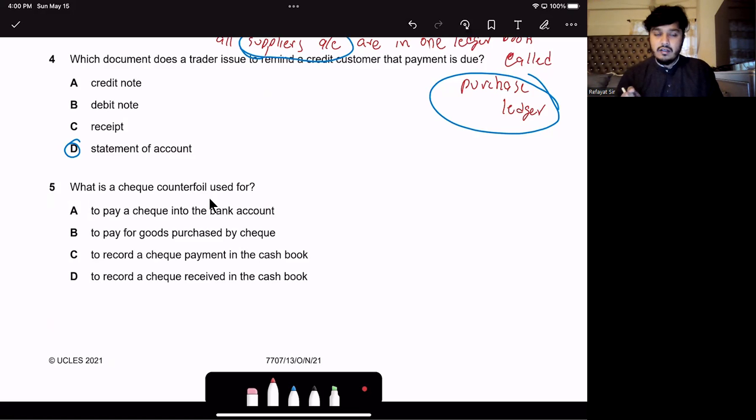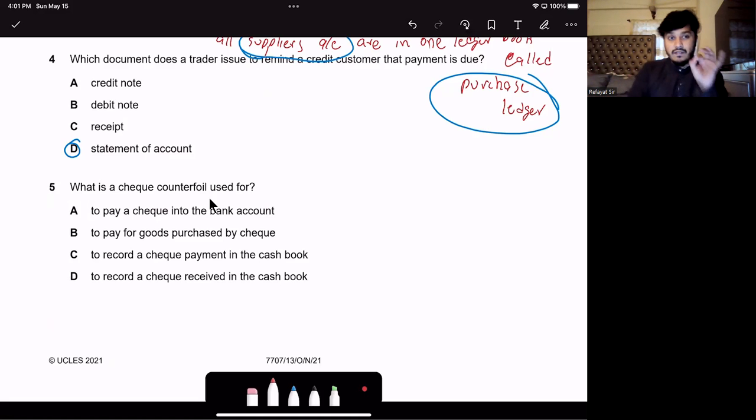And then we give the check to that person. Then the same details are written on the page attached to the checkbook, which is called the check counterfoil. And later at the end of the day, we use that attached page to record our bank payments, check payments in our cash book.